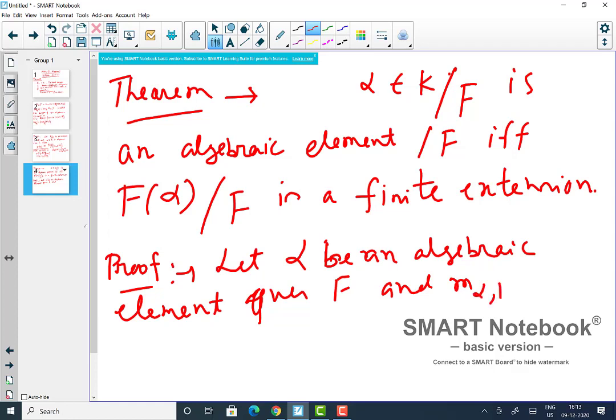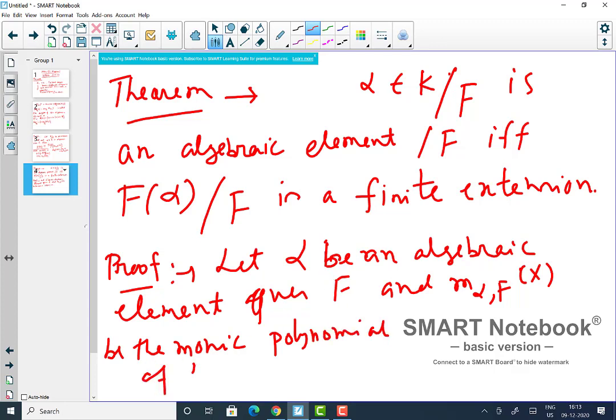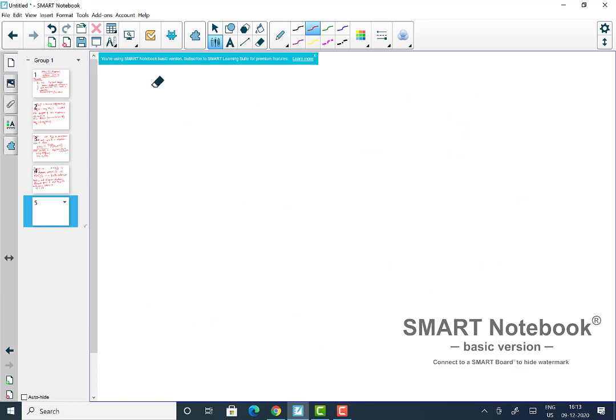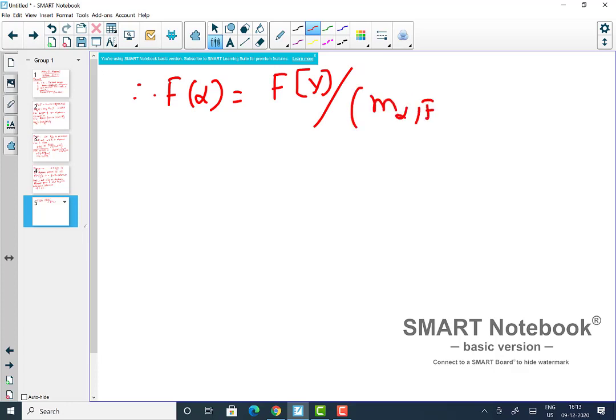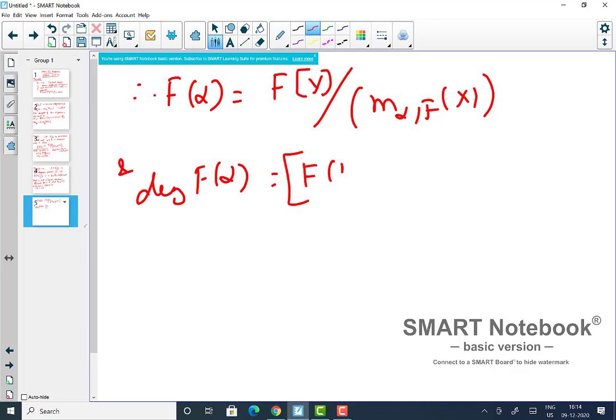So you write down that m_alpha,F(x) is the monic polynomial of alpha over F. That means alpha is, as we just proved, and not only that, the degree of F(alpha), which you write as the dimension of F(alpha) over F, is nothing but the degree of m_alpha,F, which is finite, right?